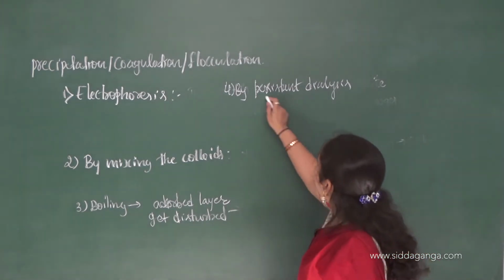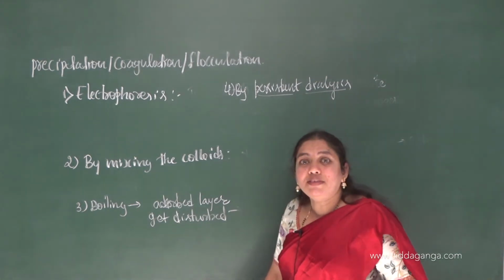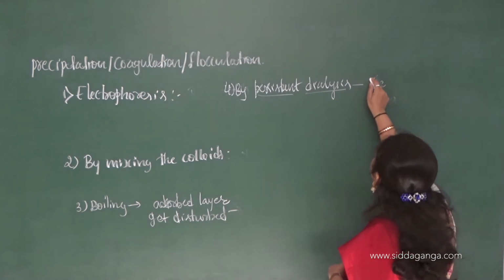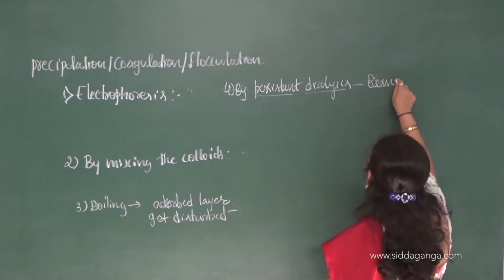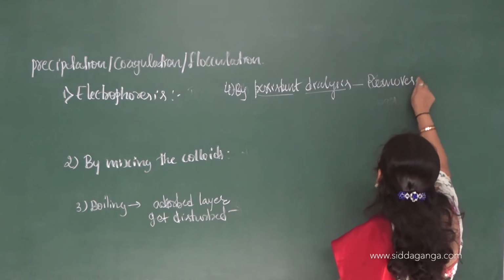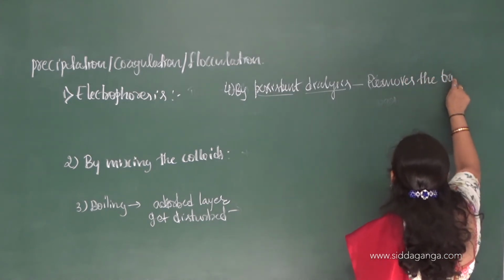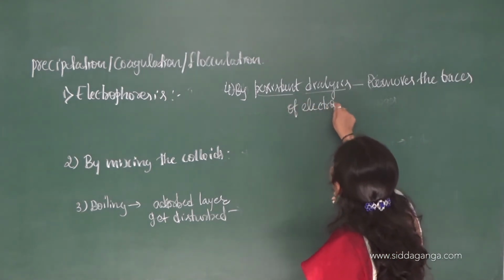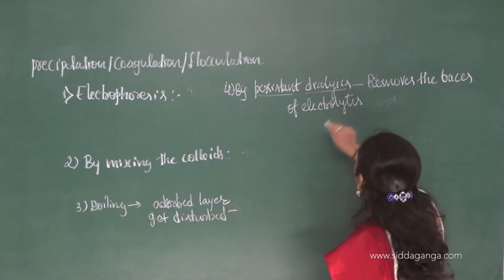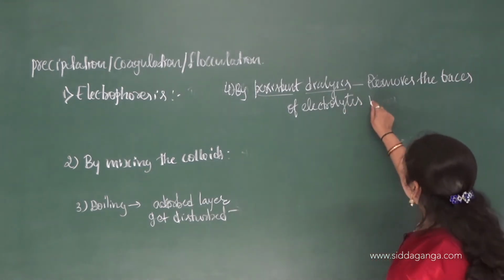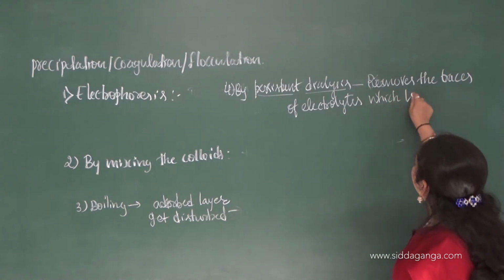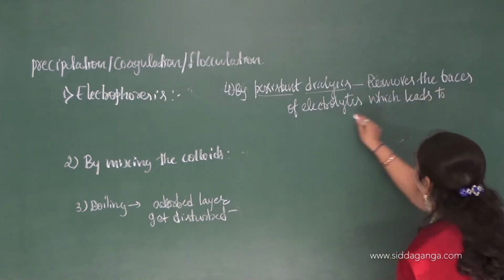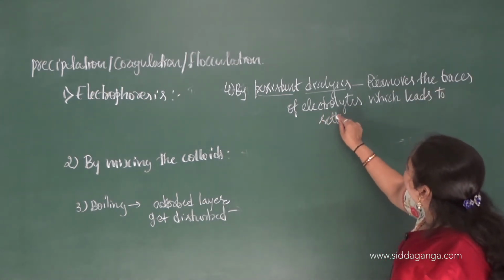But if you do persistent dialysis, what is the meaning of that? Prolonged, continuous dialysis. So what happens? Persistent dialysis removes the traces of electrolytes also. Traces of what? Electrolytes also. Which leads to settling of the colloidal particles, as there are no electrolytes.